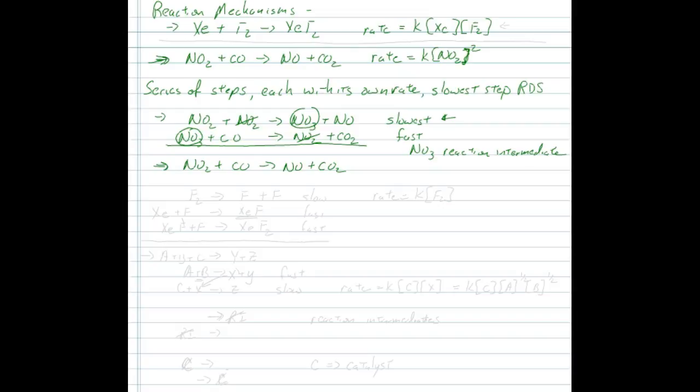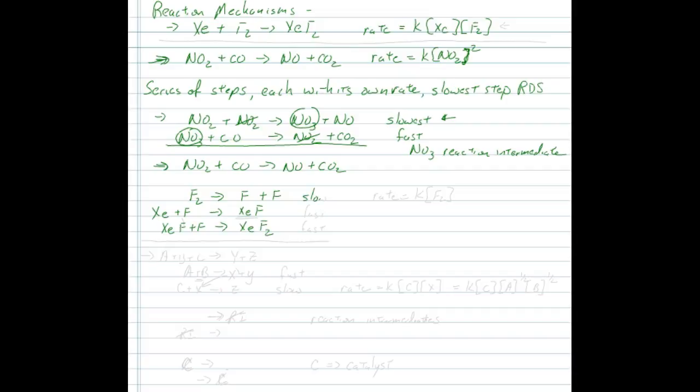The first reaction here could be: F2 makes F plus F, or 2F. Then that reacts with the Xe to make XeF, and then that reacts with another F to make XeF2.